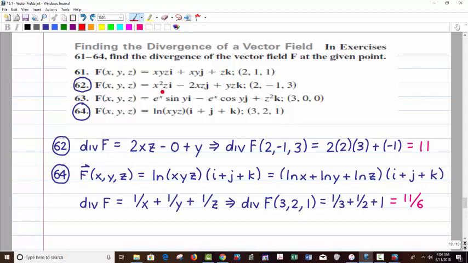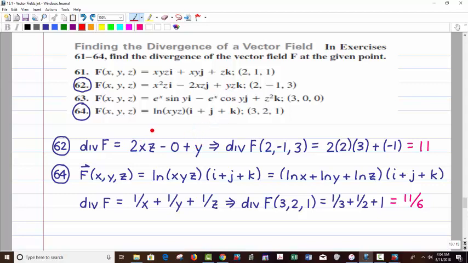All right, so the divergence of this example: the derivative of the first component with respect to x would be 2xz. The middle term, the derivative of y is 0. And then the derivative of yz with respect to z would be y.